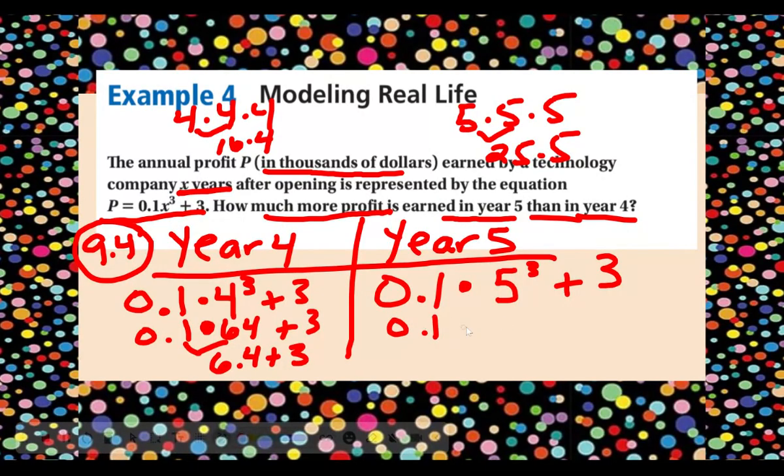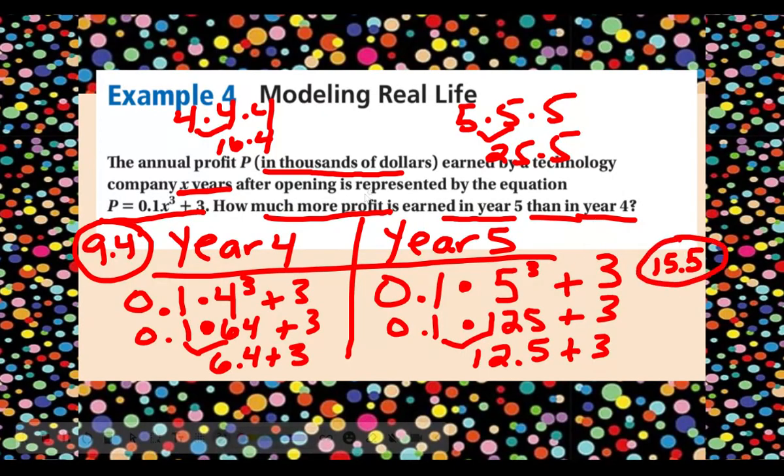So 0.1 times 125 plus 3. So 1/10 times 125 is 12.5. Just move your decimal one spot to the left. Plus 3. So 12.5 plus 3 is 15.5.